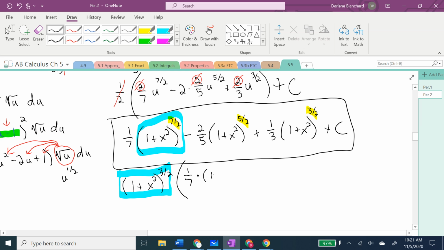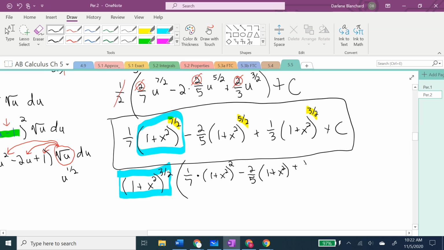That gives me 1 plus x squared to the 7/2 minus 3/2. And what is 7/2 minus 3/2? 4/2, which is just a nice integer 2. And then 5/2 minus 3/2 gives me 2/2, so 1.